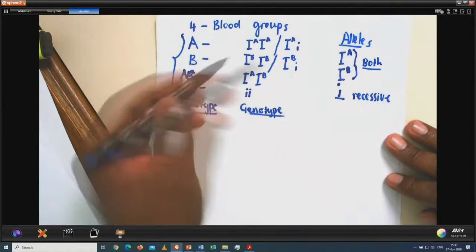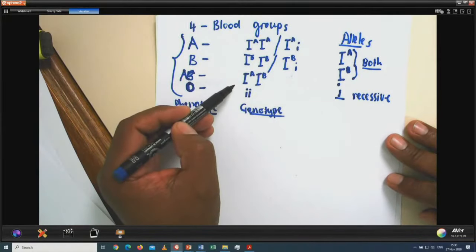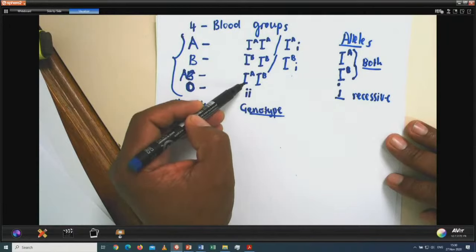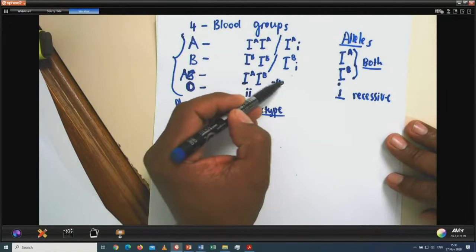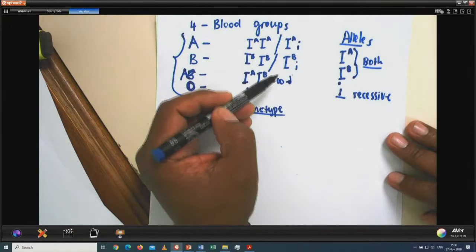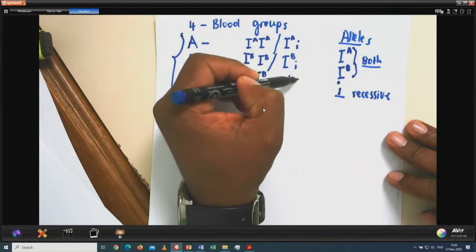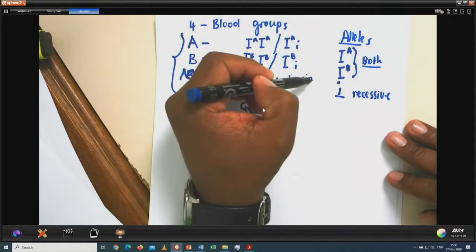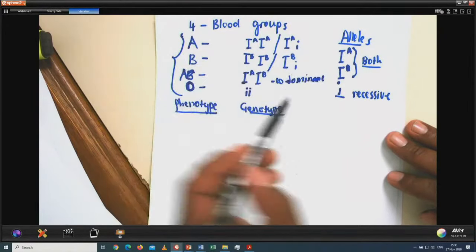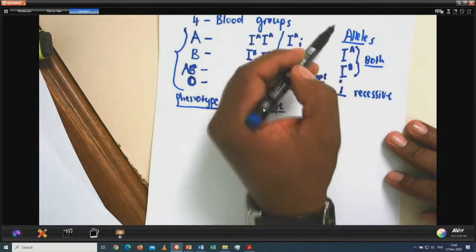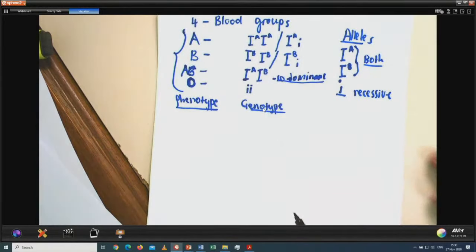And if it occurs as AB, it occurs as codominance because they are equally expressed in the offspring. So blood group is controlled by codominance and multiple alleles.